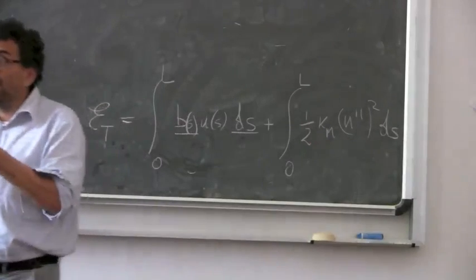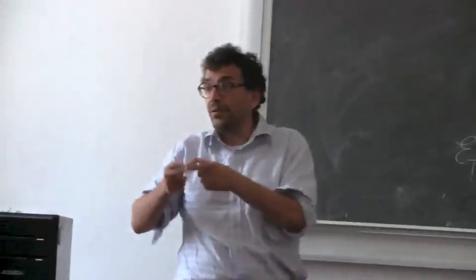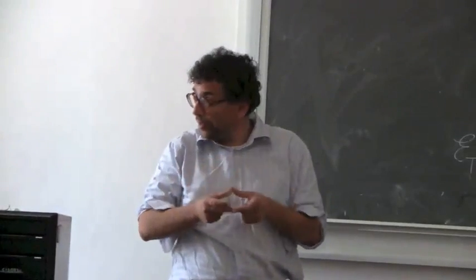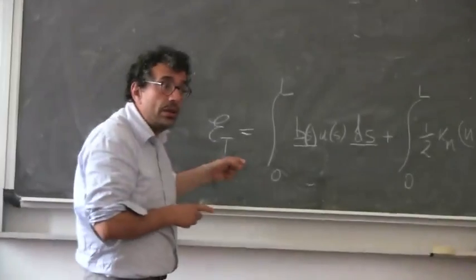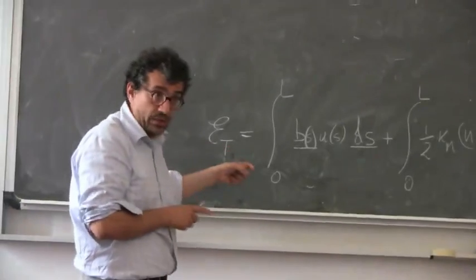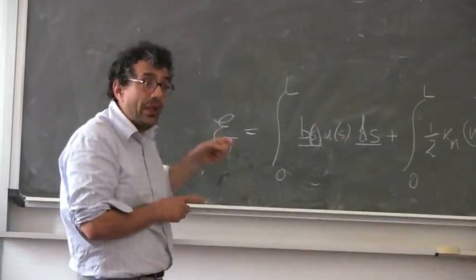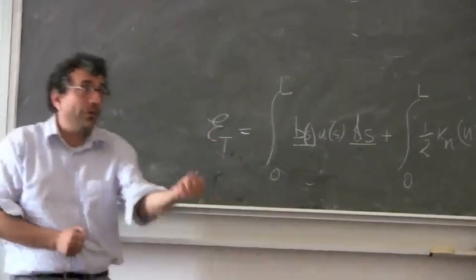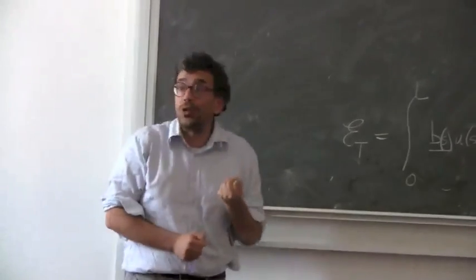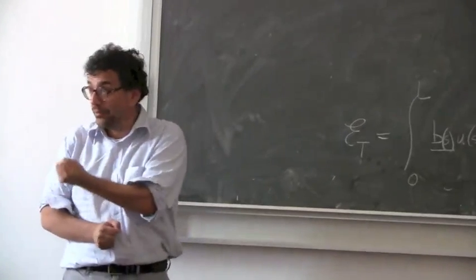The first variation of this function has to be 0. Now you have to be very careful, because here we do not have a function. We have a functional. What is a functional? It's a method which takes a function and produces a number.